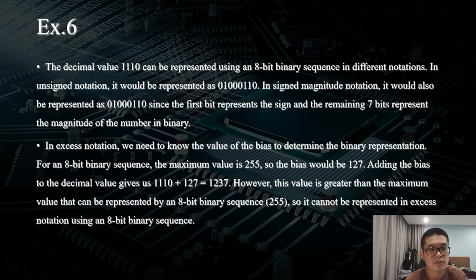In unsigned notation, it would be represented as 01000110, and in sign magnitude notation, it will also be represented as 01000110, since the first bit represents the sign and the remaining 7 bits represent the magnitude of the number in binary.